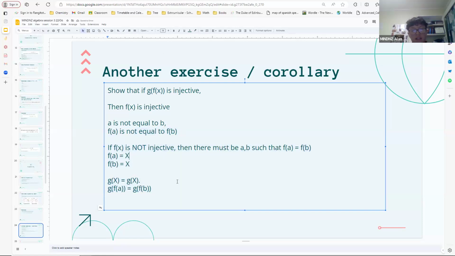So basically this tells us that if g of f of x is injective, then f of x must also be injective, because we can't have two different values being equal to each other when plugged into g of f of x.